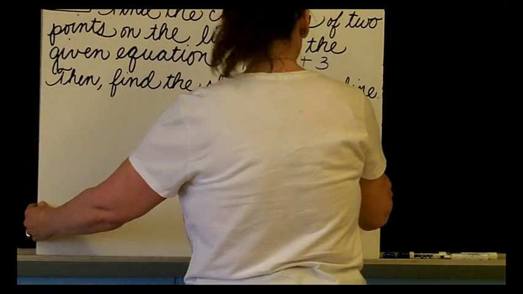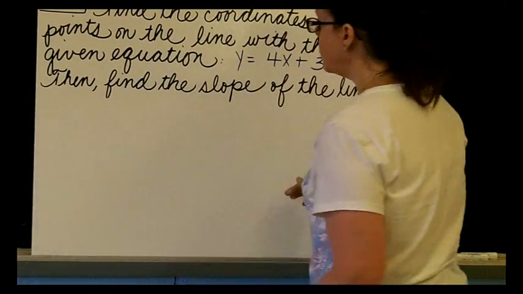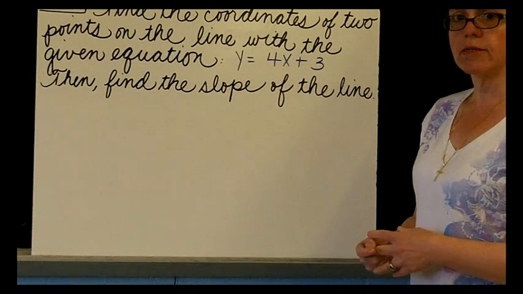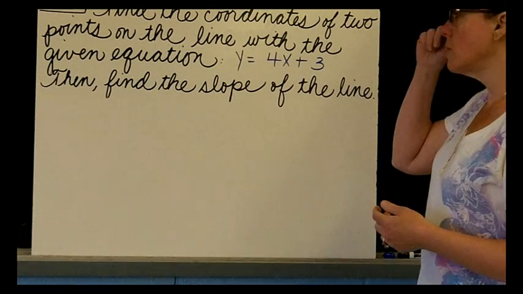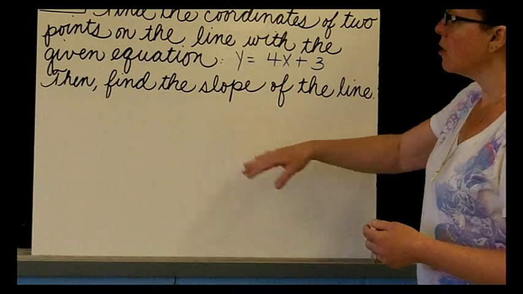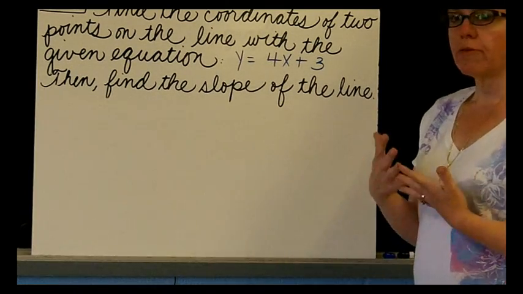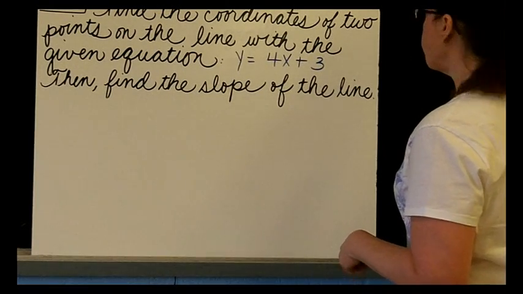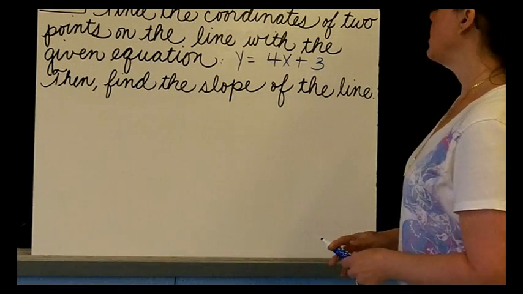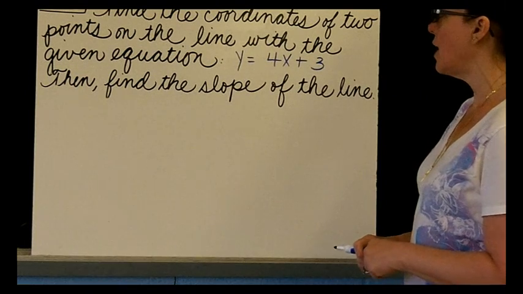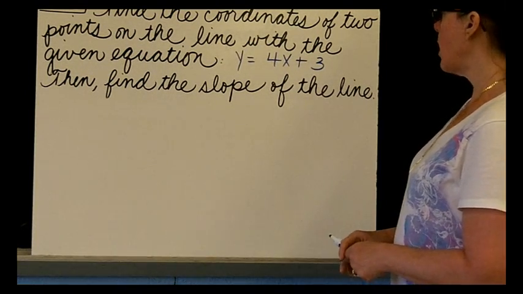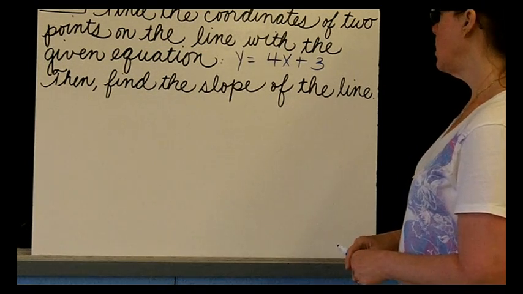And what example 5 does is it combines for you what we learned in the previous lesson when we first introduced slope, and here what we've learned today with finding slope. Our problem reads, find the coordinates of 2 points on the line with the given equation y equals 4x plus 3.